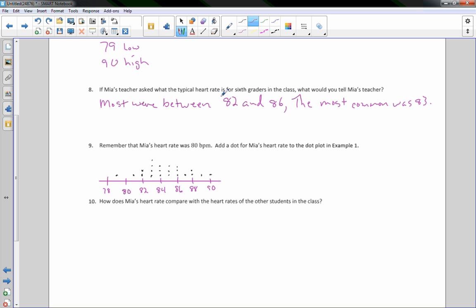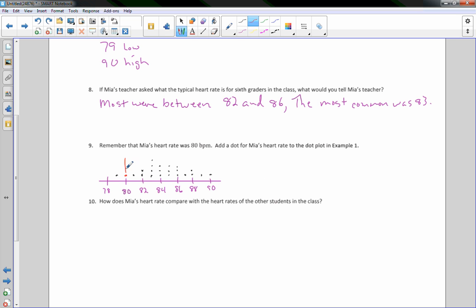And now we want to add a dot for Mia's heart rate to the dot plot. And hers was 80. So hers would be here, and I'll do that in red. Okay, so there's Mia's class in black, and she is in red. Okay, so number 10. How does Mia's heart rate compare with the heart rate of the other students in the class?